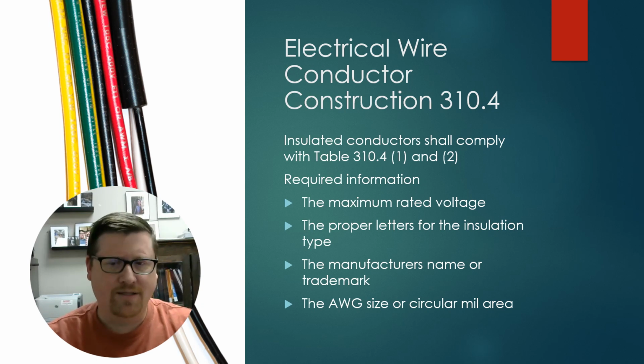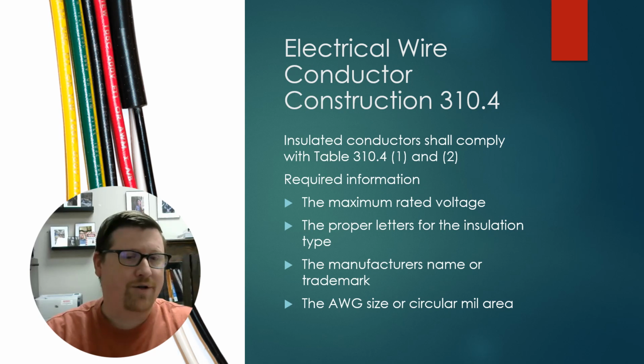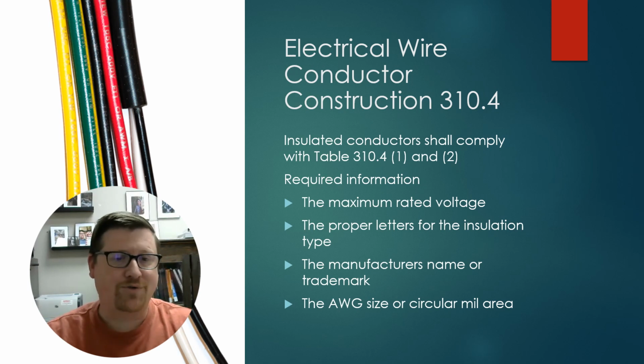It has to have the manufacturer's name or trademark, something that identifies who made this wire, and then it has to have the wire size in either AWG, which is American wire gauge, or circular mils. It's got to have all 4 of those things on it so that it can be readily identified as electrical wire, and so that you can identify it as the type that you need or that you don't need.